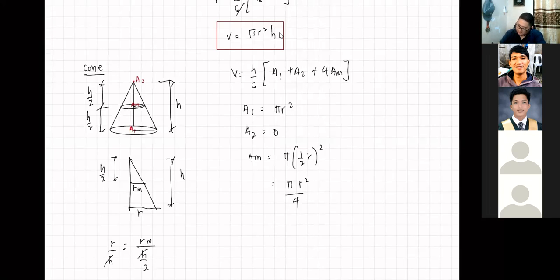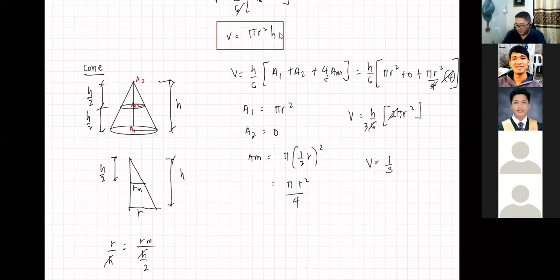So, substituting do sa value, h over 6 times pi r squared plus 0 plus pi r squared over 4 times 4 kasi may 4 tayo dito. This will cancel out. We have volume is equals to h over 6 times 2 pi r squared. Cancel natin to, may matitirang 3. So yung volume natin for cone is 1/3 pi r squared h. Which is the same dun sa na-calculate natin kanina.